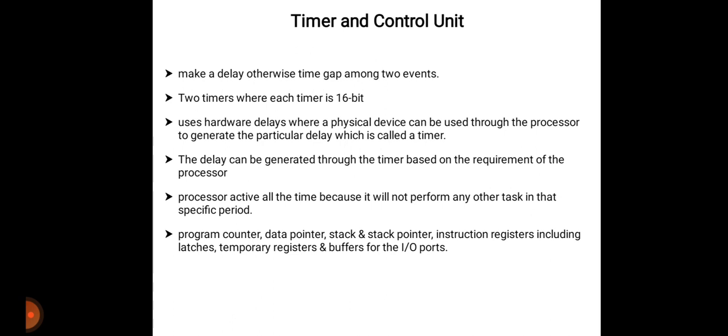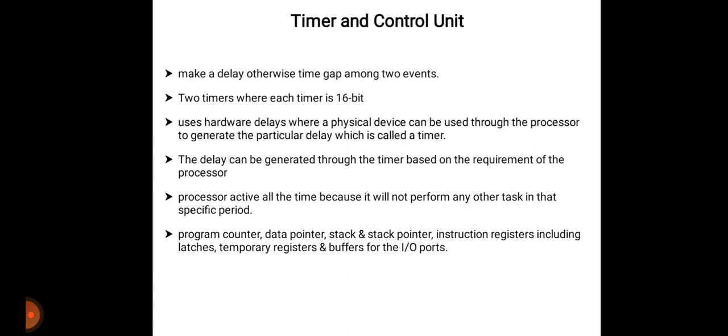Or by using the processor itself, we can also produce a delay based on the requirement of the system. However, this will keep the processor active all the time, because it will not perform any other task in that specific period. That's why we use a timer.